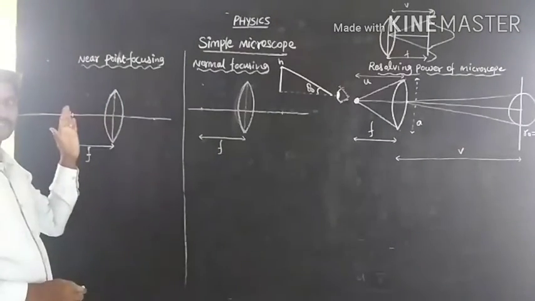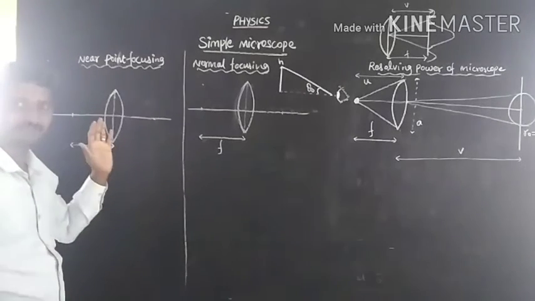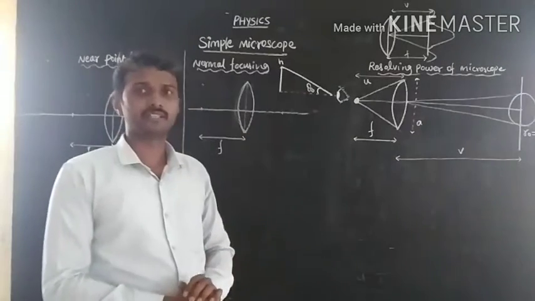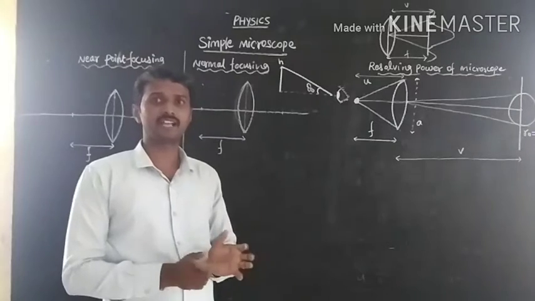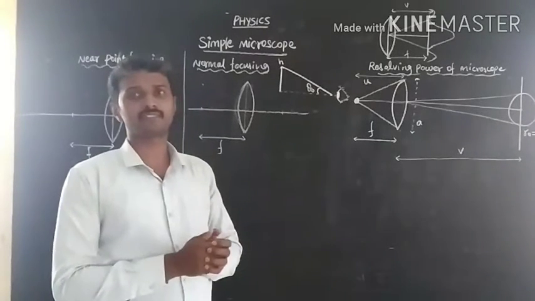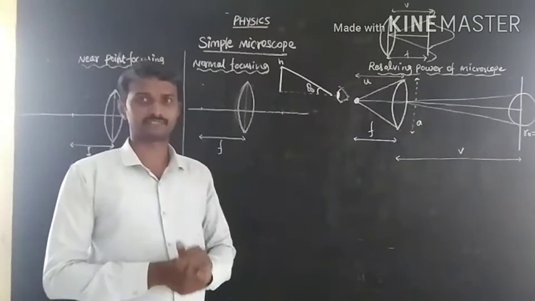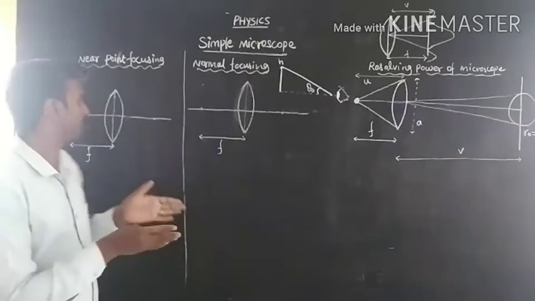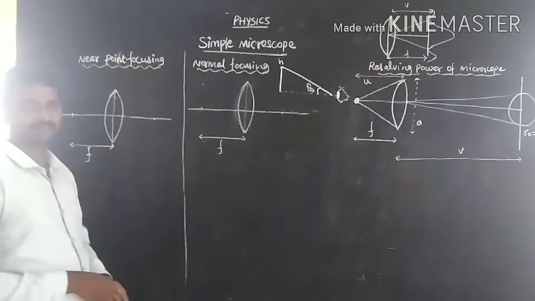Suppose if we place an object beyond the focal length of the lens, we cannot get a clear image. So in order to obtain a clear and magnified image, we should place the object at the focal length or in between the principal focus and the optical center of the lens.